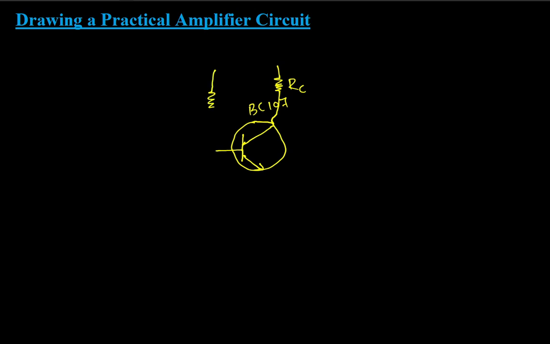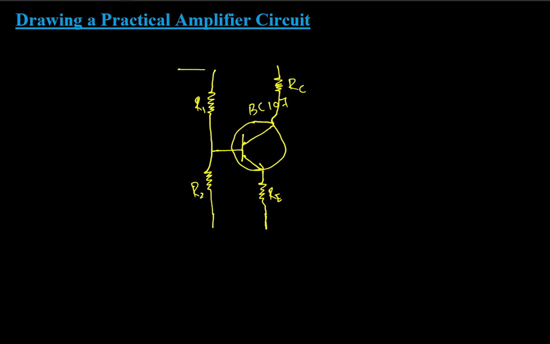So we will draw two resistances R1 and R2, which form a potential divider biasing circuit. Now for the stabilization of the circuit we have seen that we can use an emitter resistance Re here. And this is the circuit.